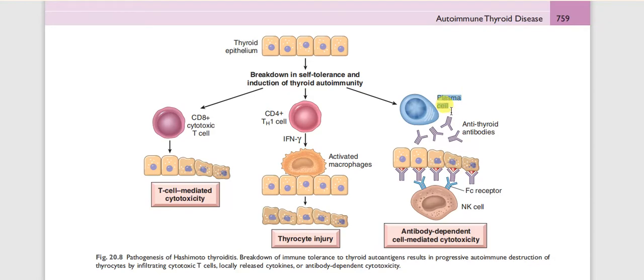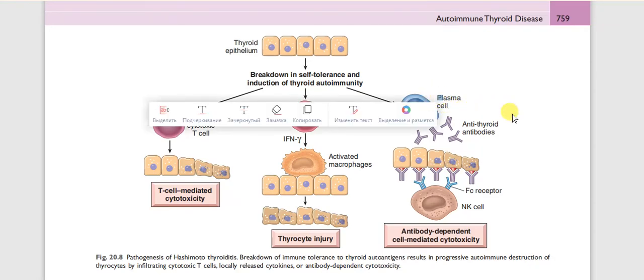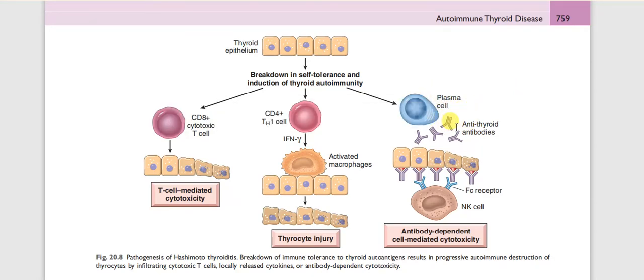And finally we have production of antibodies, known as humoral immunity activation. Plasma cells, for an unknown reason, get activated, might be by the same CD4 positive cells, or might be from another reason.